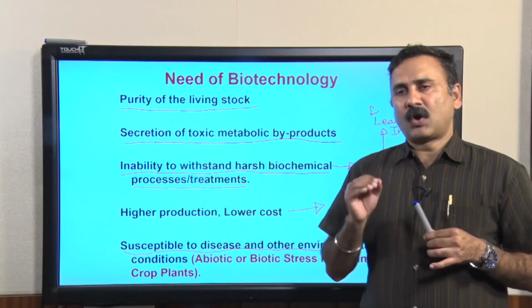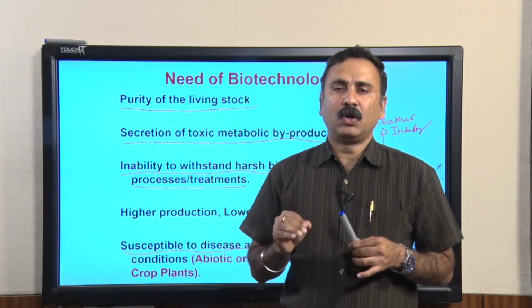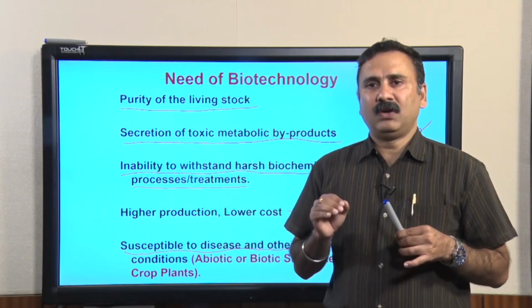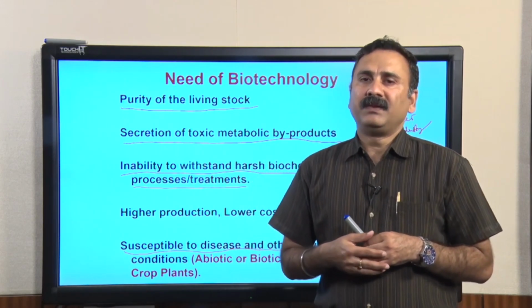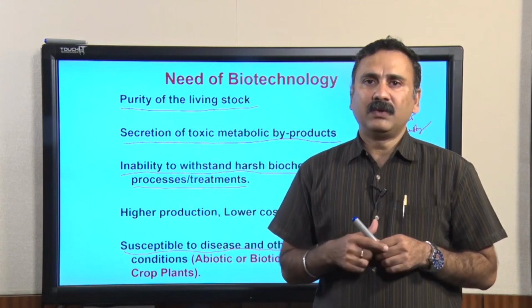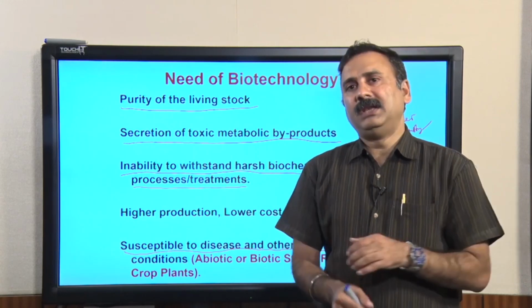If you develop a crop which can withstand water clogging or these kinds of environmental conditions, then you can save these crop plants and eventually reduce the losses.